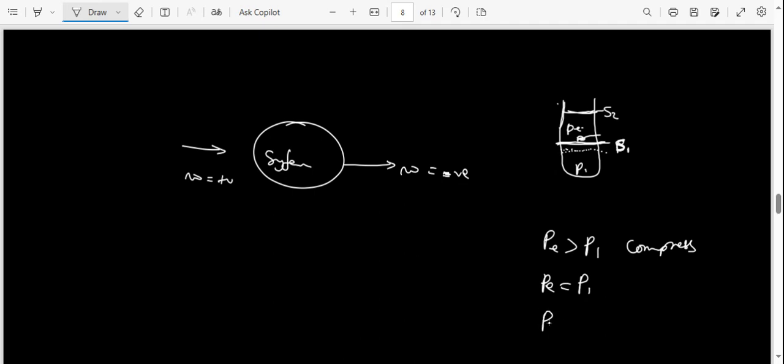Again, when this pressure external is less than the pressure internal, the system or the gas, let's say the balloon, is going to expand. So we call this the expansion.